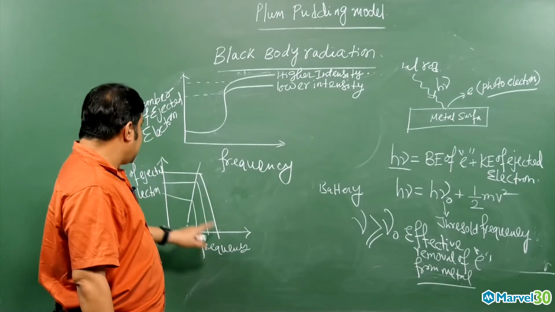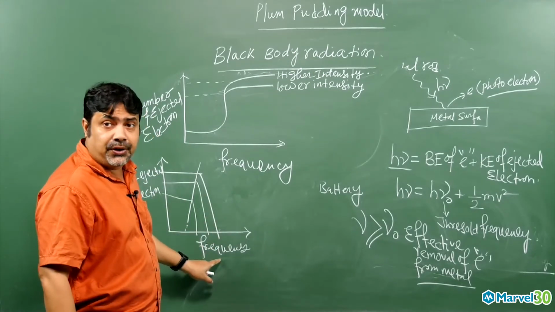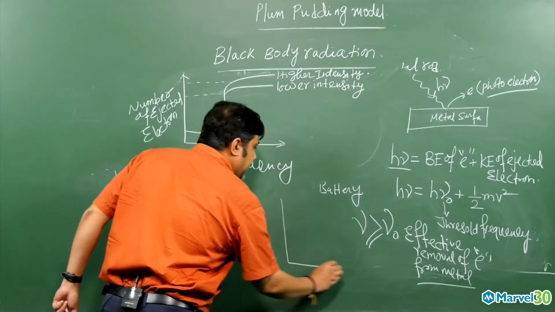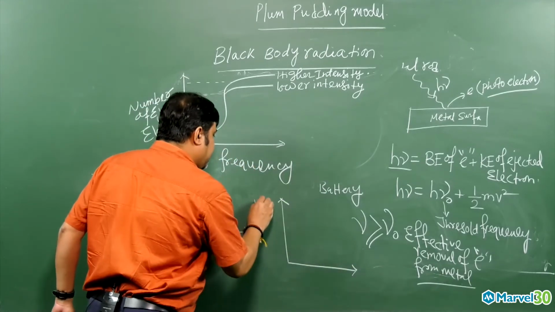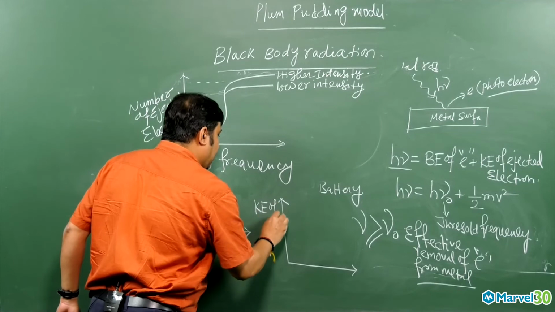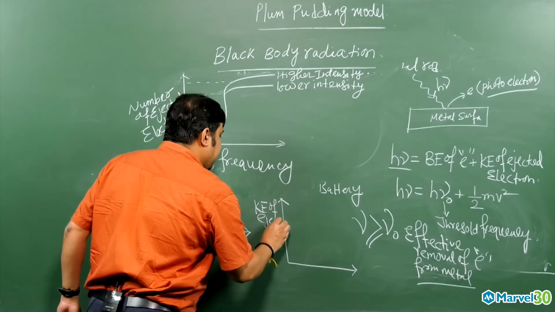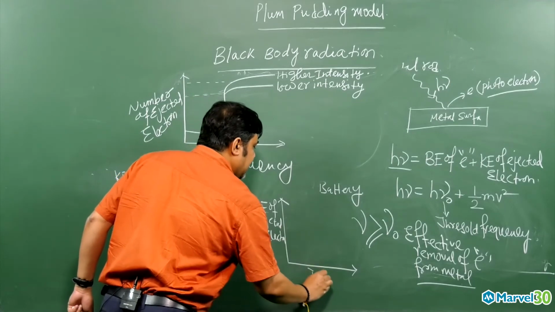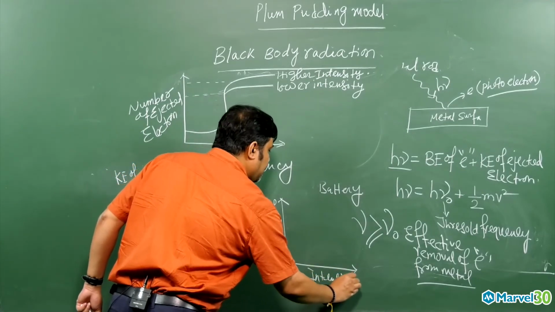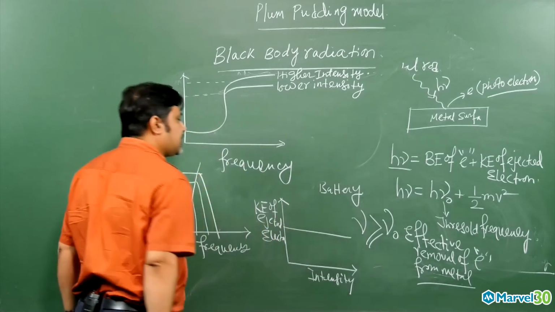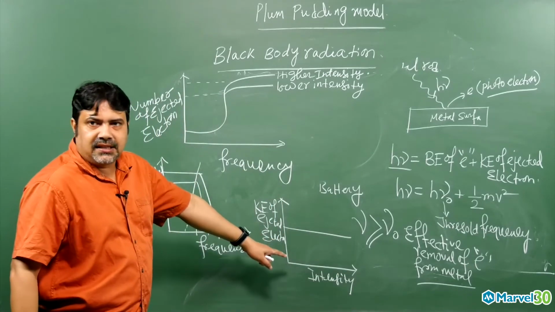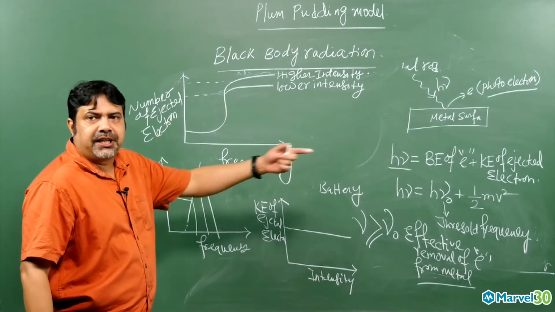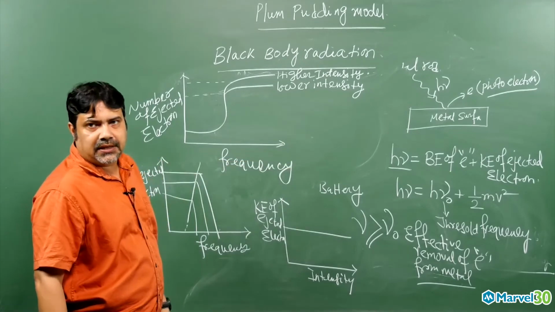That means the energy is a function of frequency. Likewise, they plot the kinetic energy of ejected electron versus intensity. Then they observe the plot will be parallel to the x-axis. That means the intensity has no role in increasing the kinetic energy of the ejected electron.